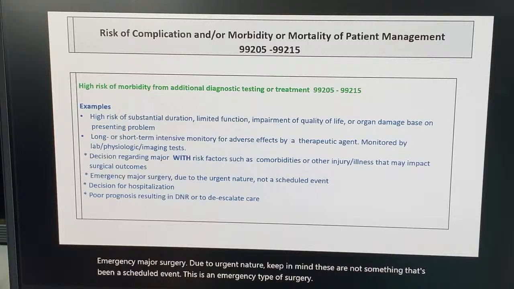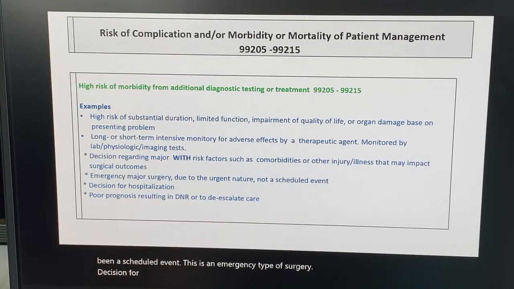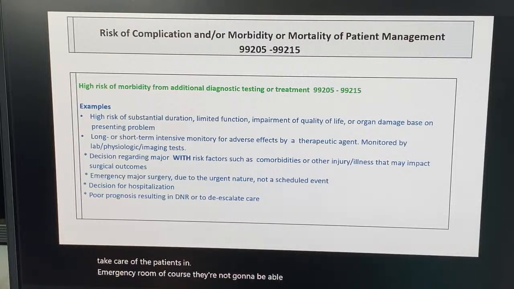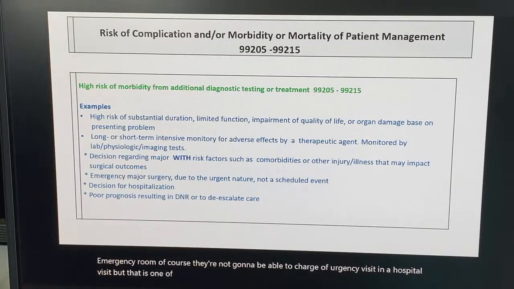Decision for hospitalization. That would be a great one for the physicians that are hospitalists that take care of the patients in the emergency room. Of course, they're not going to be able to charge for an emergency visit and a hospital visit, but that is one of them. Poor prognosis resulting in DNR or de-escalated care.